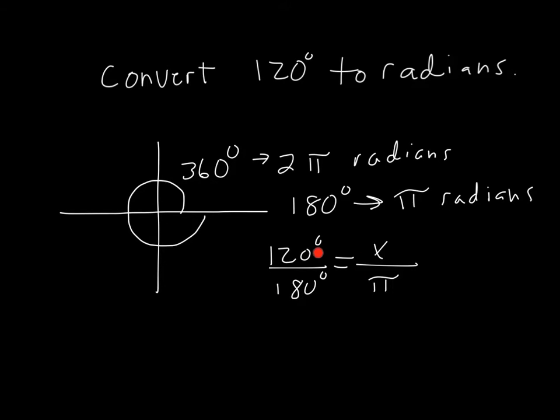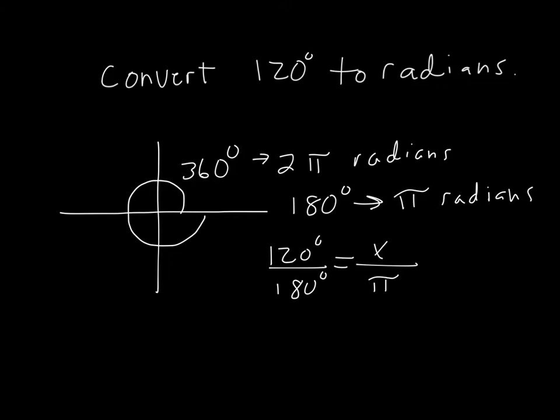Notice I have what I do know, what I want to know, and then I found another one where I do know and I do know. So I know three of these things. I could have written 360 here and 2 pi here, and everything would have been fine, but that's just bigger numbers for no reason. So this is probably my favorite conversion factor for radians and degrees.